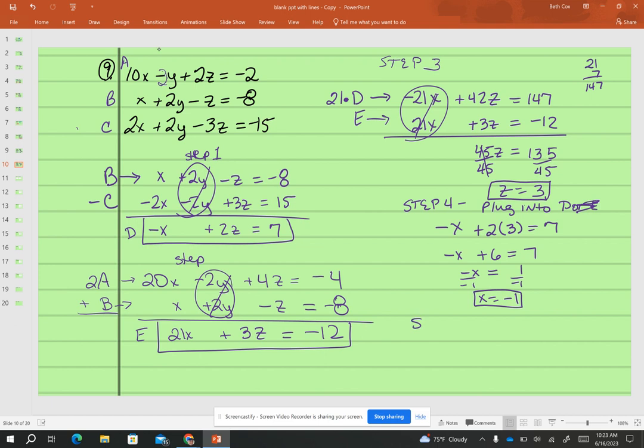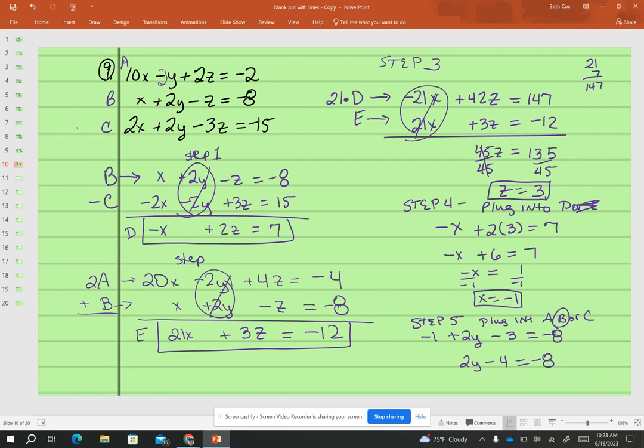Step 5, again, I'm running out of room. We're going to plug into A, B, or C. Pick which one. I'll pick B. Take my z and my x that I just calculated and plug into B. So that's going to give me negative 1 plus 2y minus z equal negative 8, which is going to give me 2y minus 4 equal negative 8.